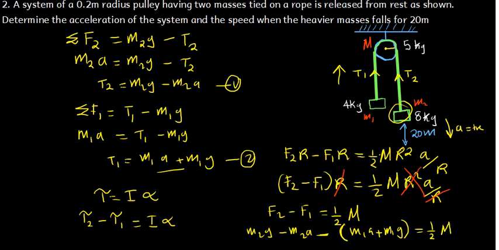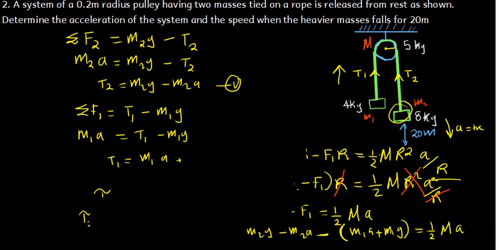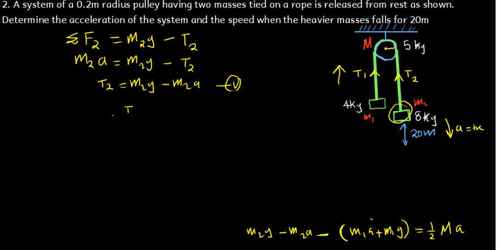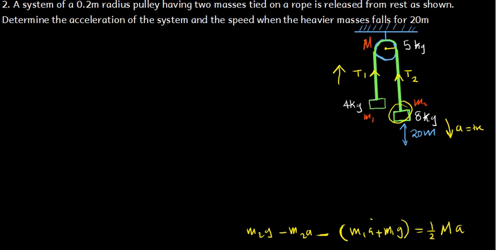I even forgot to write this A which is here, so it's supposed to be there. So let's write that now. Well, that is going to be M2G minus M2A minus M1A minus M1G is equal to half capital M and then A. I'm going to take everything with A to one side.